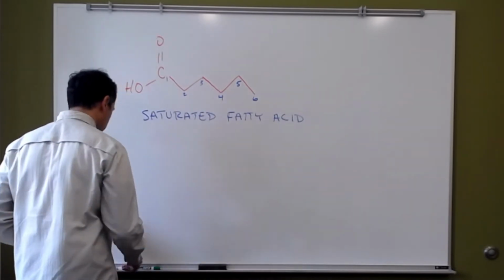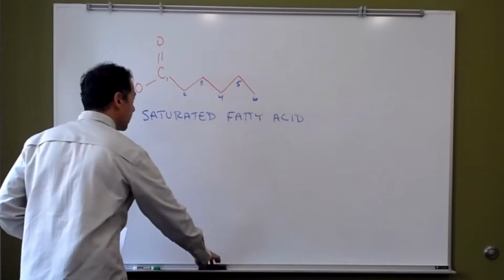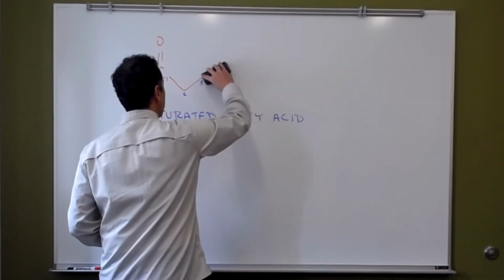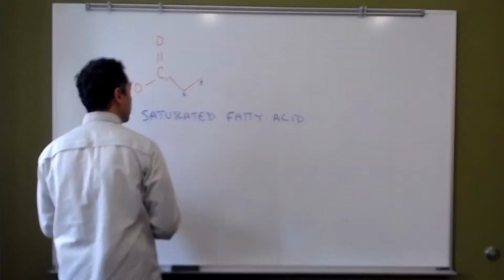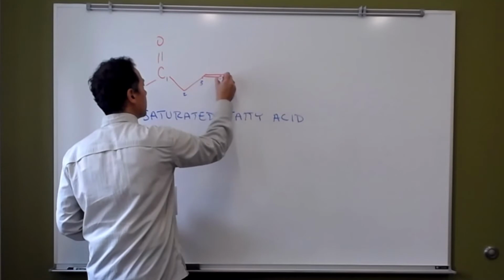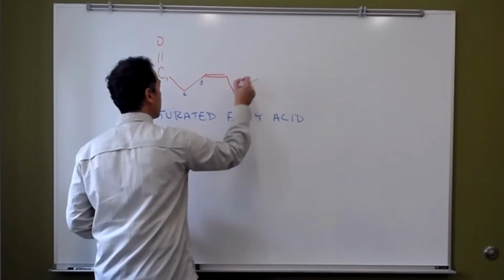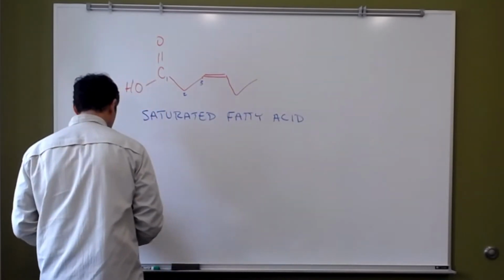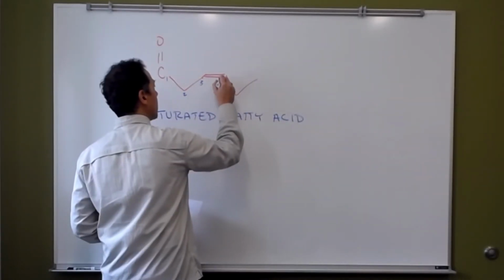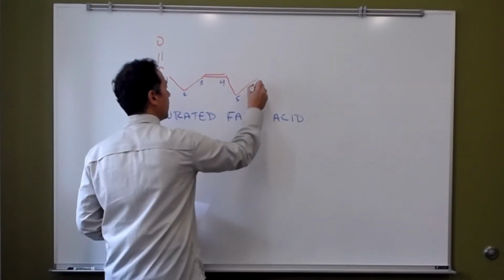Now if we were to throw in a double bond on this here. So I'm going to just erase this here a little bit like that. And I'm going to make a double bond here like this. Okay, like that. So now I have like this. I'm going to go 4, 5, 6.